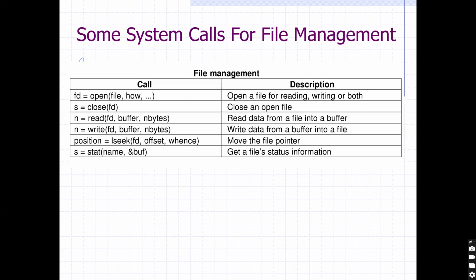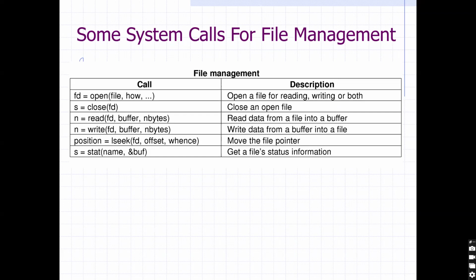Then system calls for file management. In operating system, you can create file, delete file, read file, write file. For every action on the file, there is a system call. The first one is fd equals open, name of the file and permission. What is fd here? fd is the file descriptor, and open is the system call. Then close fd closes the file.